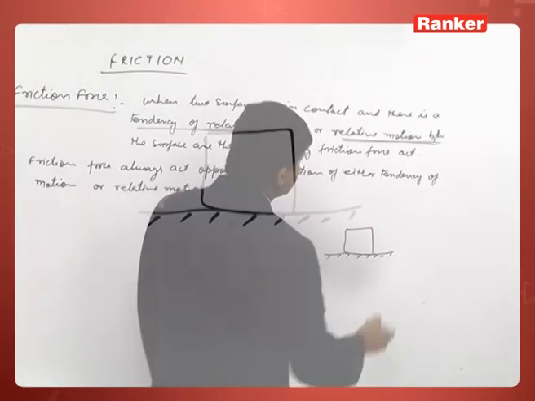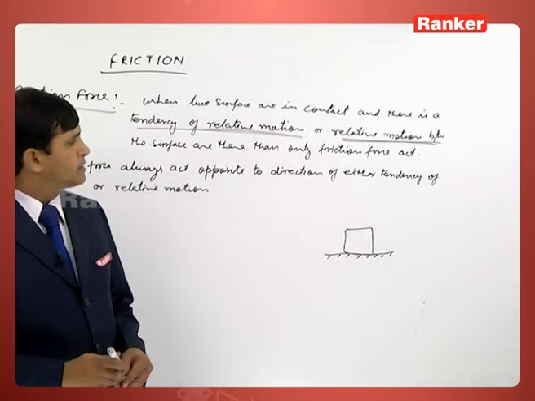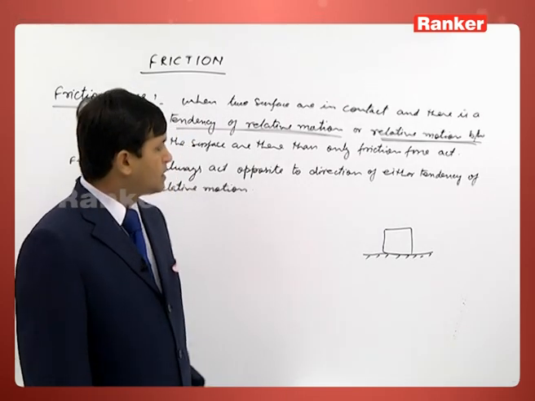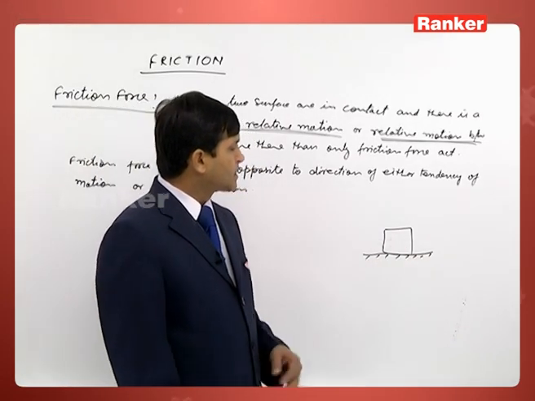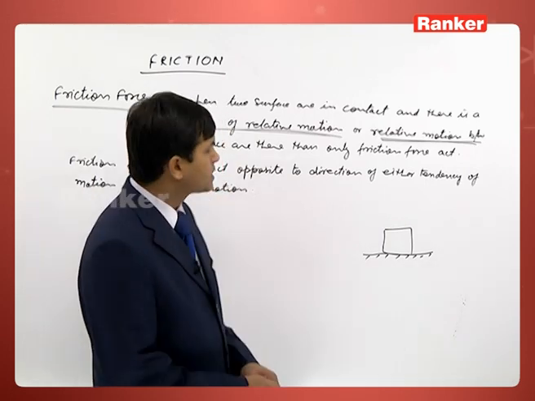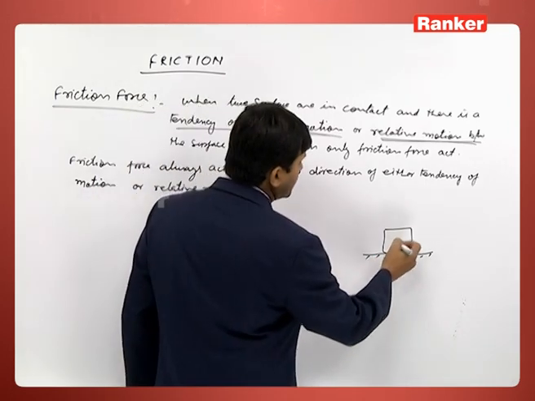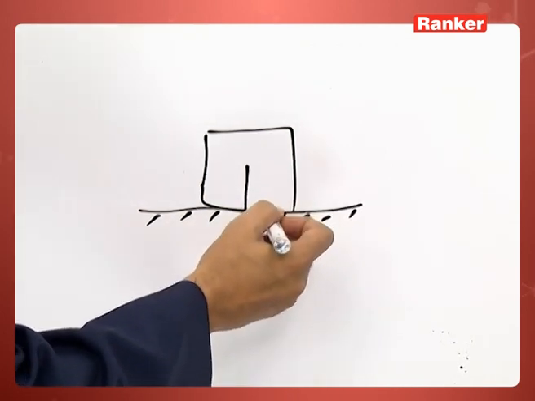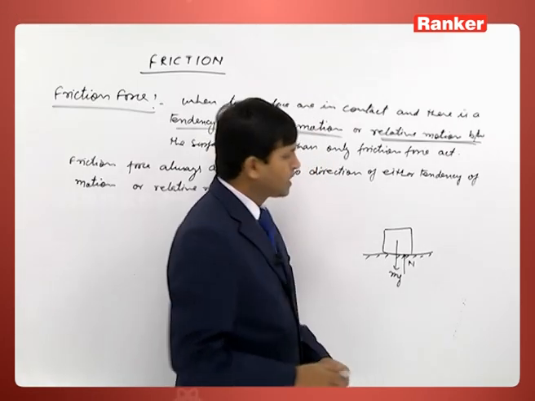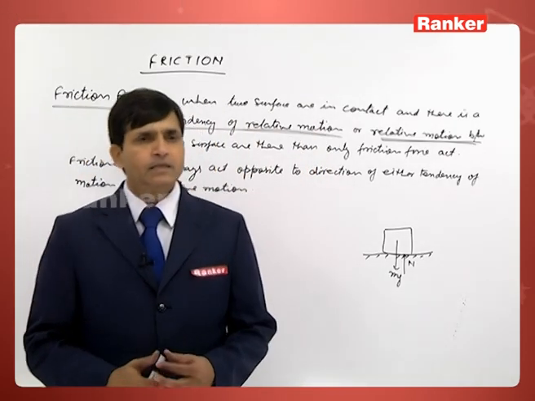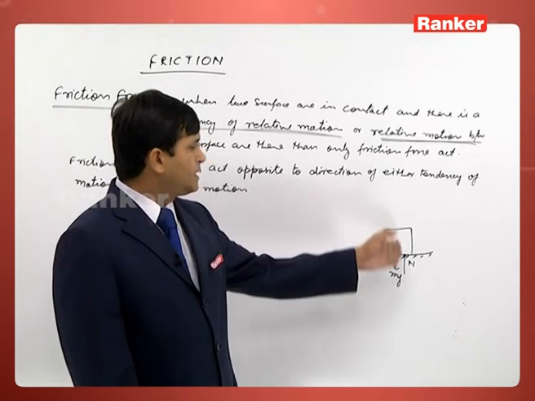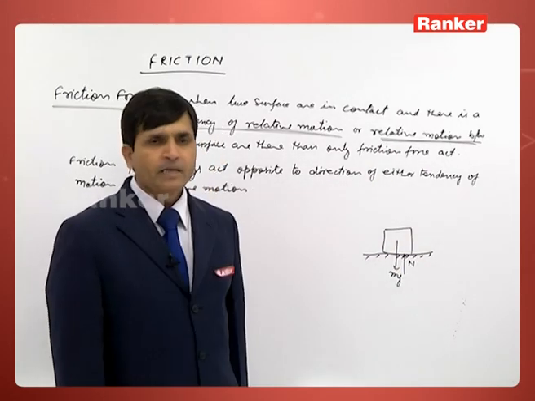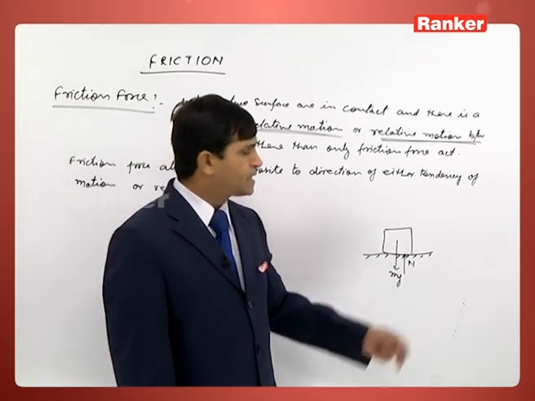Now, if anyone is asking whether this body has tendency of motion or not, simply we can say this body does not have any tendency, because if I am looking here at the forces, one is the weight of the body, another is the normal force, and the body is kept on a horizontal surface, it is unable to move because the surface is rigid, it cannot go up and down. So mg is equal to N.